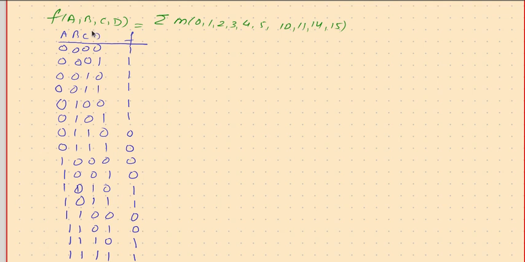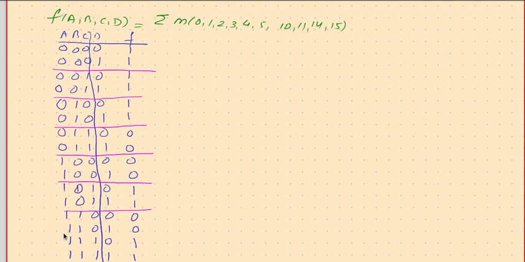So let's say A, B, C are the three inputs used for control. If you use A, B, C for control, then we are going to have pairs of rows for each ABC, because for each value of ABC, both D equal to 0 and D equal to 1 are required.